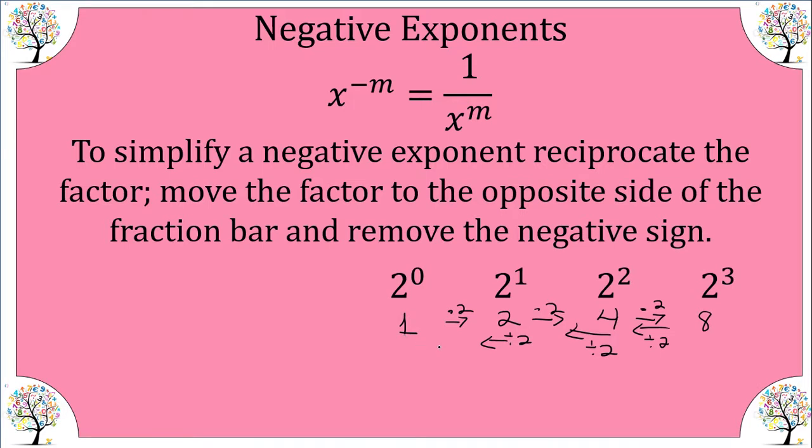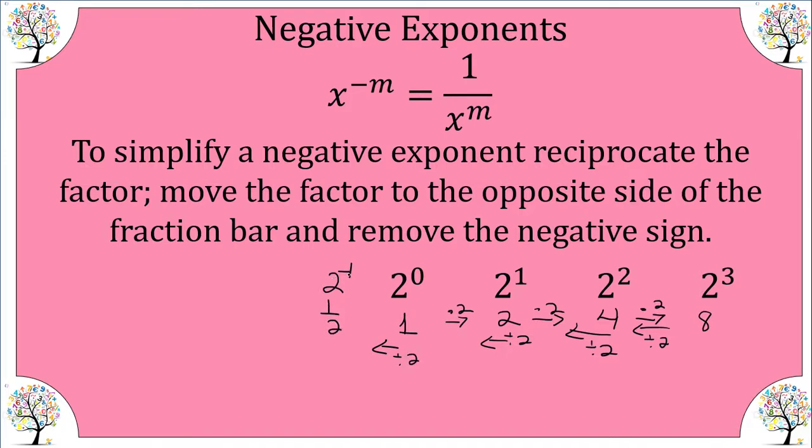Now let's keep going. If we move down to our next exponent, we're going 3, 2, 1, 0, negative 1. We take the previous product, 1, keeping our pattern, divided by 2. 1 divided by 2 is 1/2.